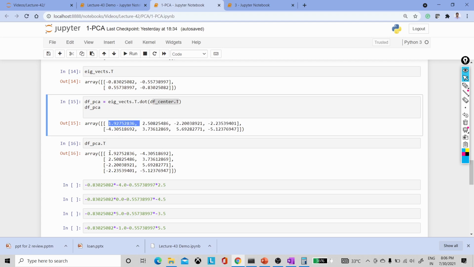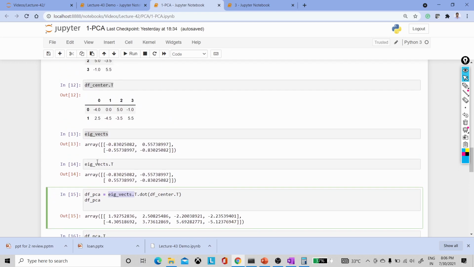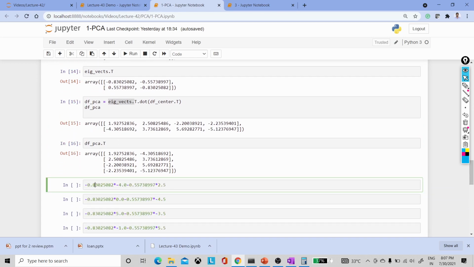See, 1.92, 1.92, 2.50, 2.50, minus 2.200, minus 2.23. The first row will be converted into the first principal component, and the second row will be converted into the second principal component. So I am taking the eigenvectors transpose, and this value multiplied with this value gives this value.